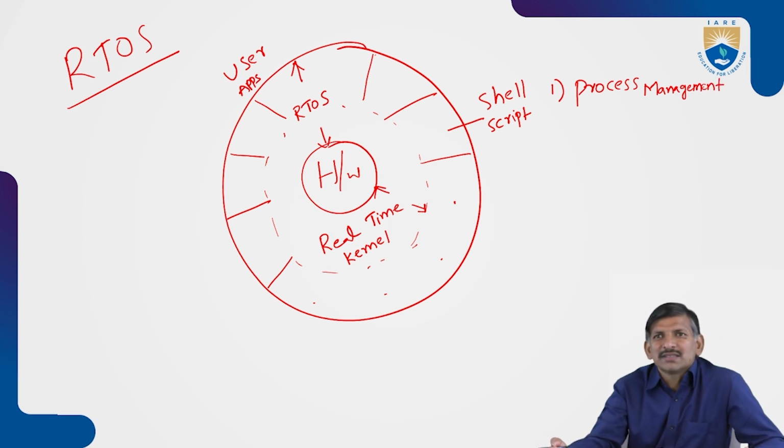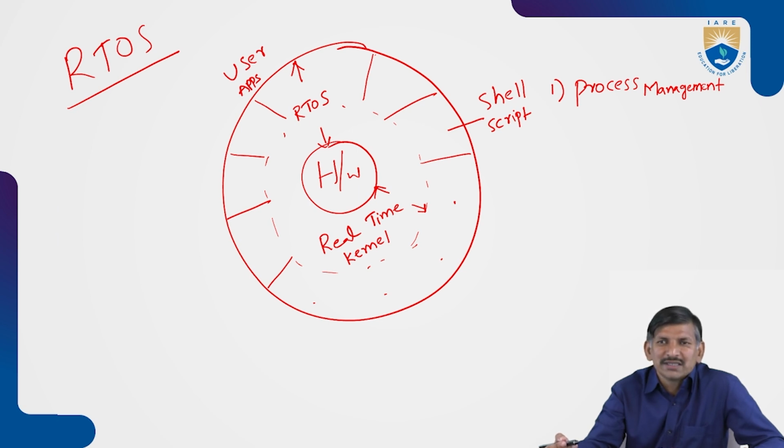Process means some task, like 1 plus 2 equals 3. Some task, an addition operation or multiplication operation. So what will it do? First, process management deals with creating the memory space for the processes. Then loading the process code into the memory space. Next, assigning the system resources.